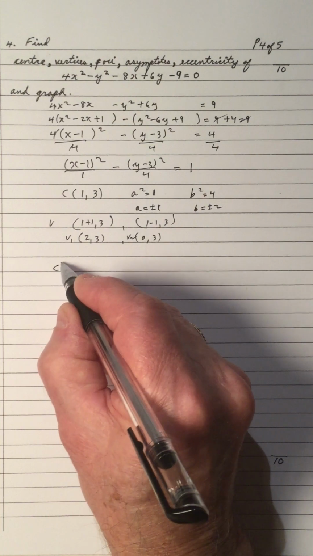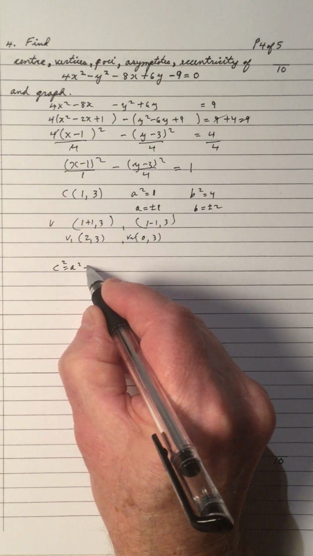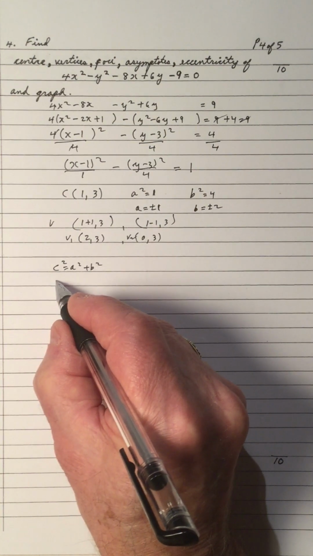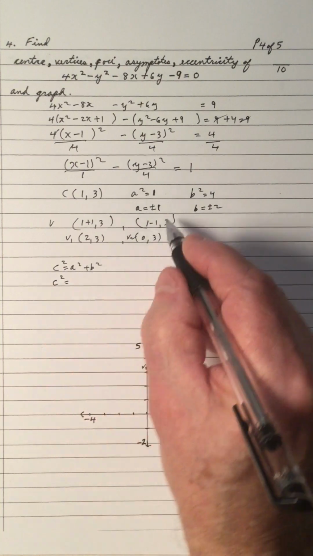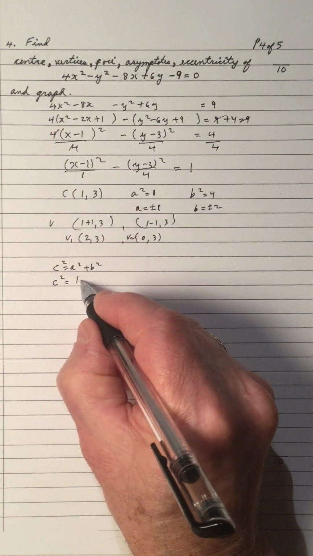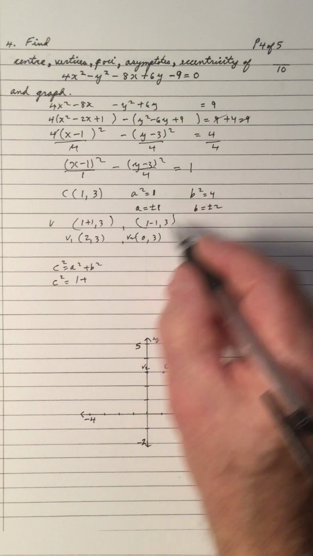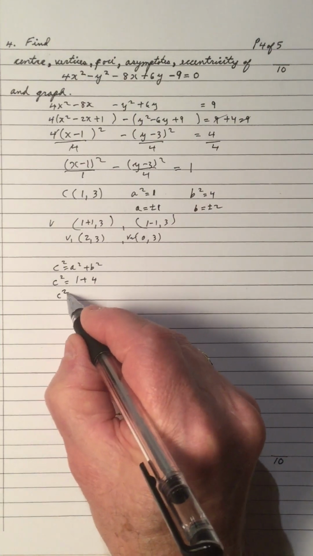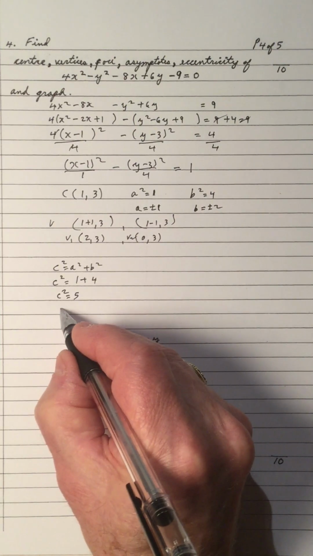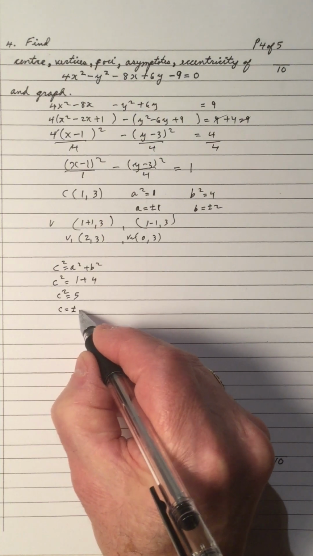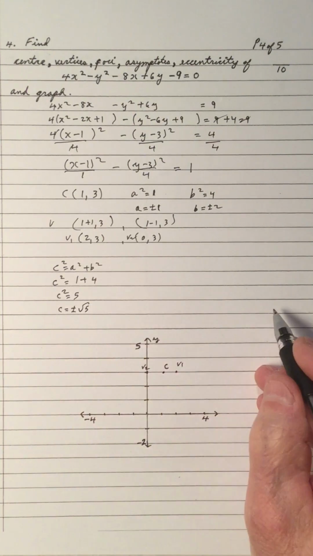So c squared is a squared plus b squared. So we have c squared, a squared is 1, b squared is 4, c squared is 5, so c is plus or minus root 5.